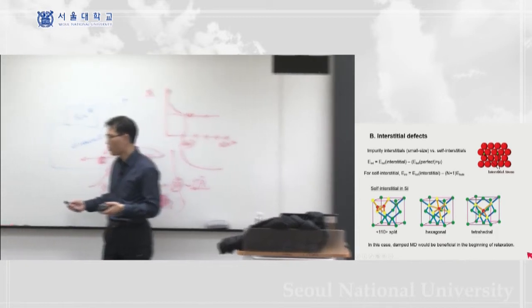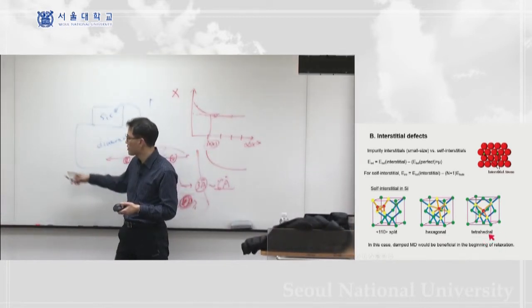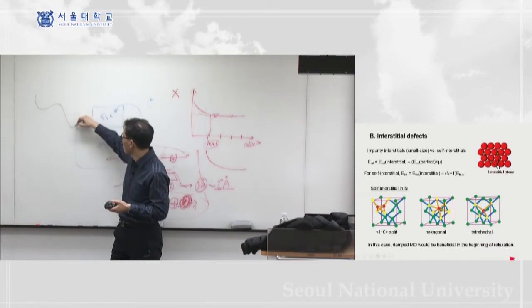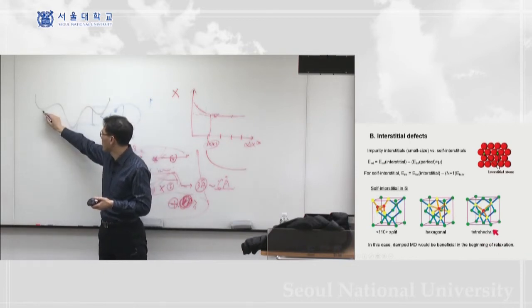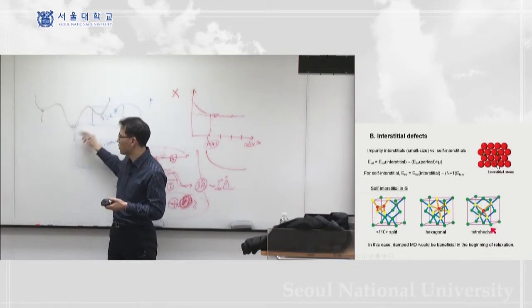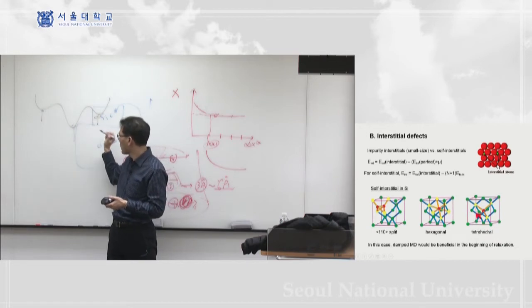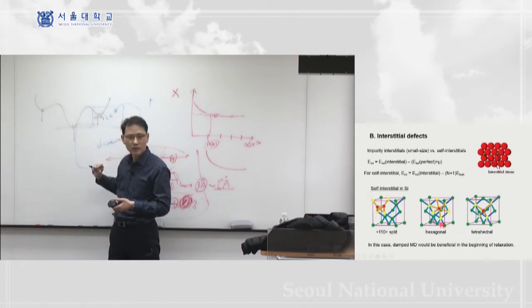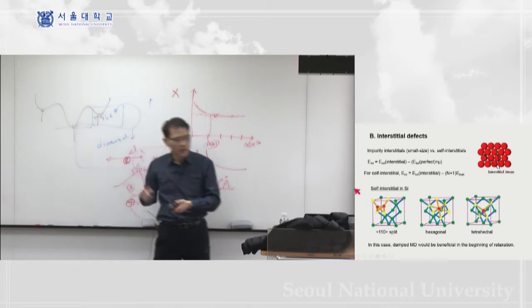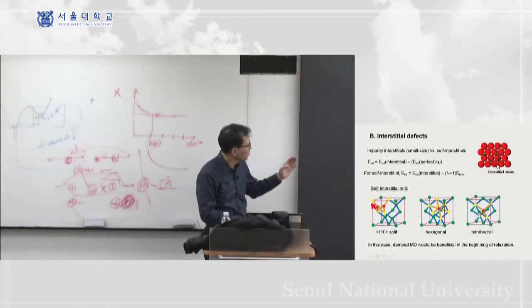For instance, in the case of silicon, the hexagonal is maybe the most stable. Let's say these are the 110 split, hexagonal and tetrahedral. Each distinct type of interstitial will have its own local minimum, but what is relevant is the most stable one. The 110 split means that the interstitial atom forms a dumbbell-like structure with the original atom in the original site.